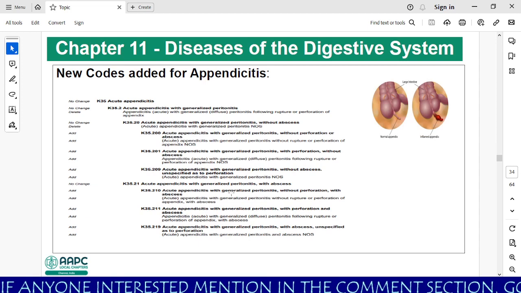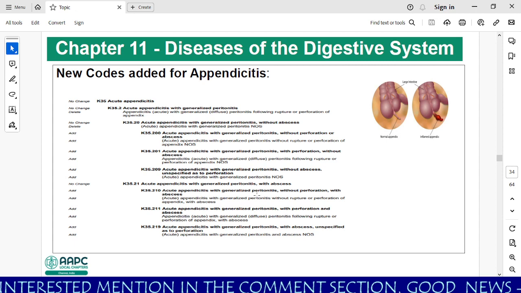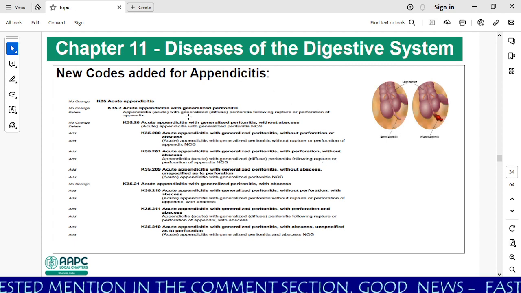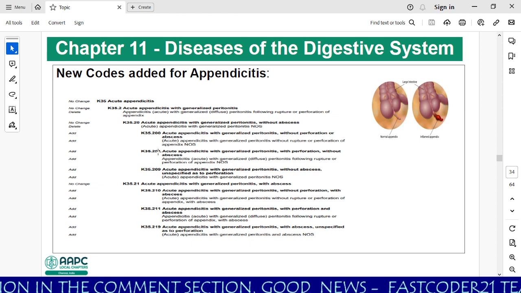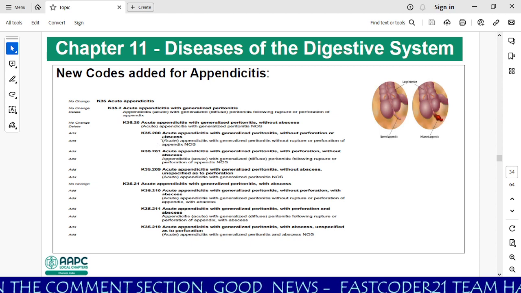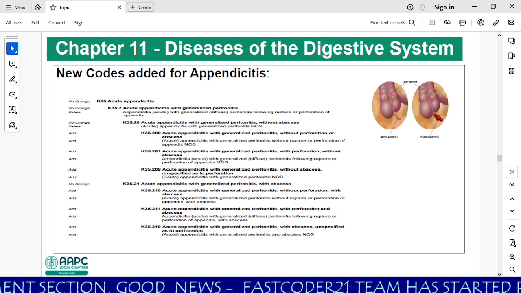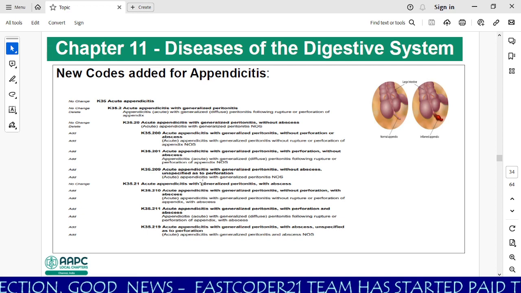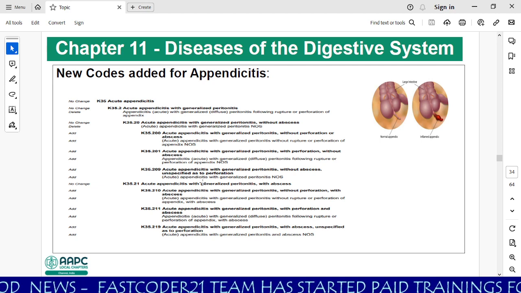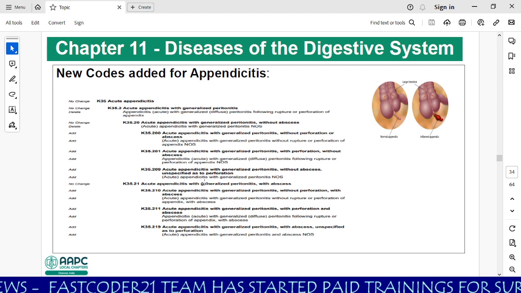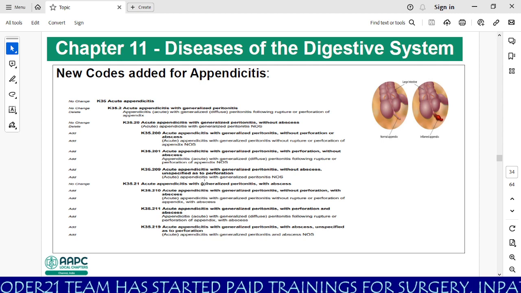October 1st onwards, in the digestive system, we are going to see new codes added for appendicitis. So these are the new codes here. They have added new subcategory K35.200, K35.201 for acute appendicitis with generalized peritonitis without perforation or abscess, and K35.201 acute appendicitis with generalized peritonitis with perforation without abscess.